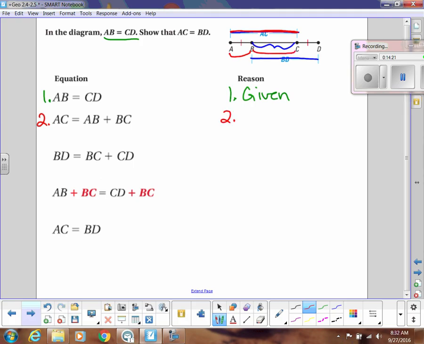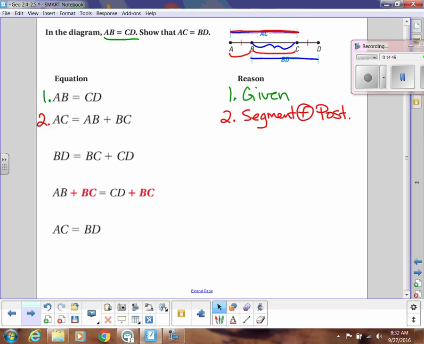Okay, so that's that segment addition. I'm going to put, instead of addition, I'm going to put plus. And instead of postulate, I'm going to write post. Okay, so that's how we know that AC is equal to AB plus BC. Yes, because that's the segment addition postulate. That's exactly what it says.